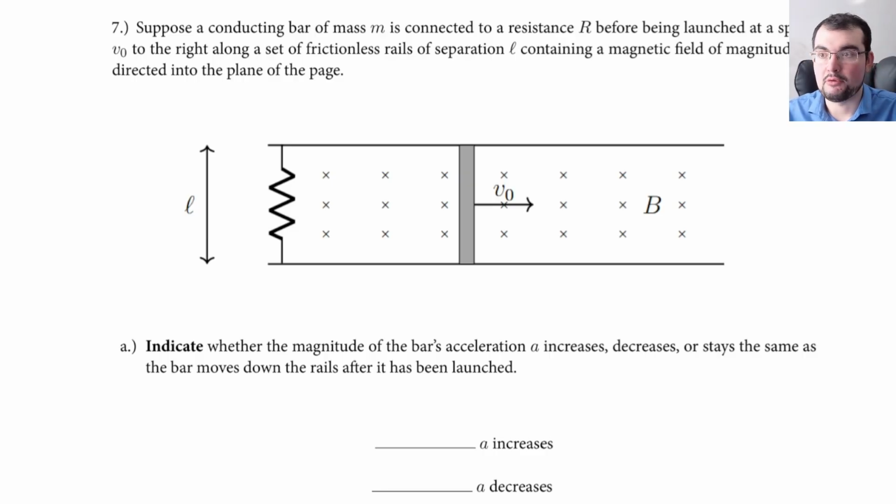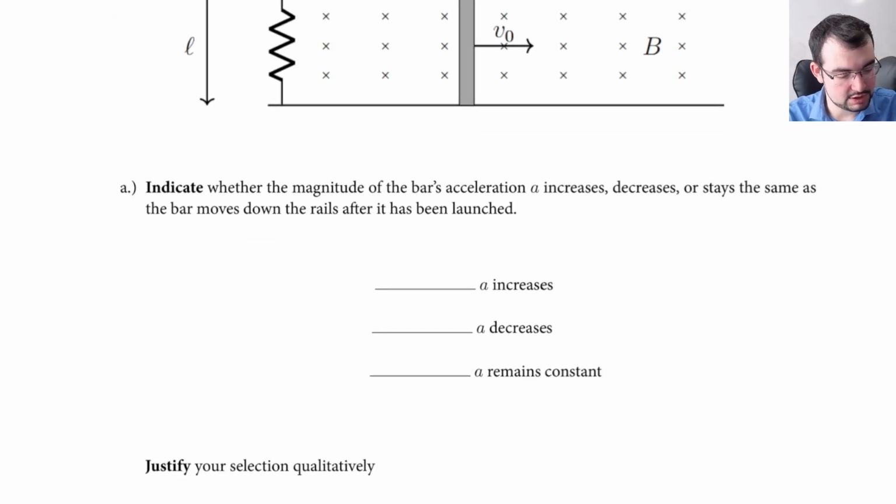So we know that the force actually is going to decrease, because you get strongest drag when you have the greatest speed. So since the speed is slowing down, the drag force is going to decrease, so acceleration is going to decrease. In this sort of drag force related problem, you get the strongest force when your v is the highest.